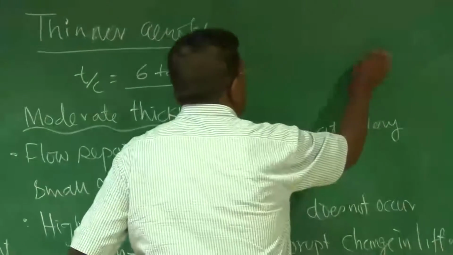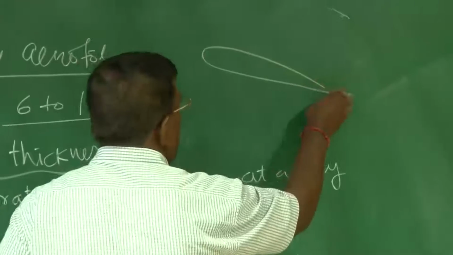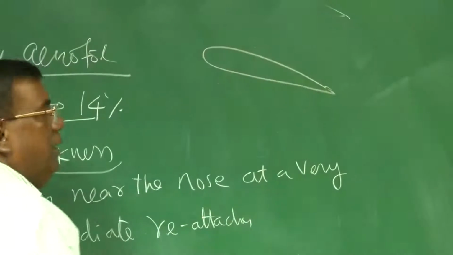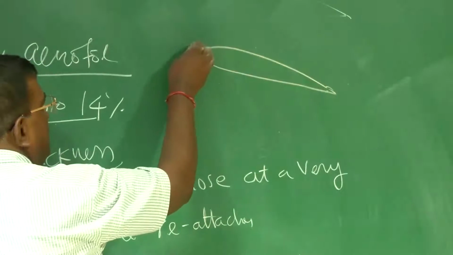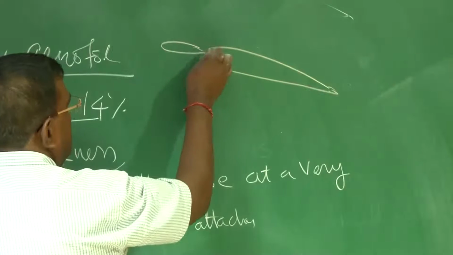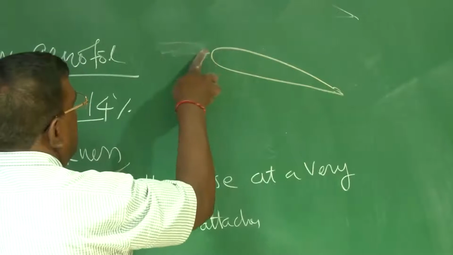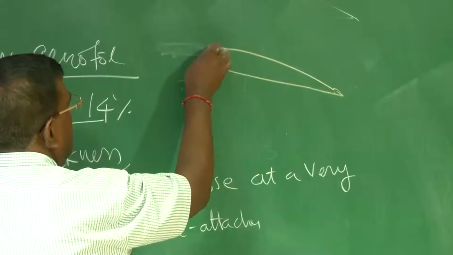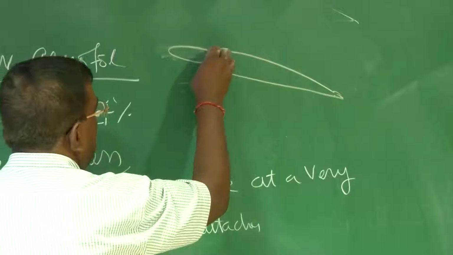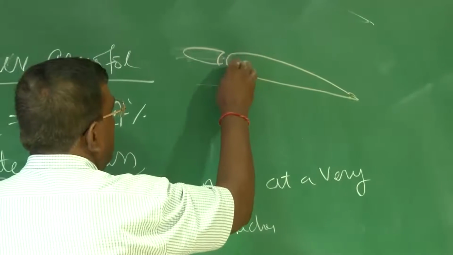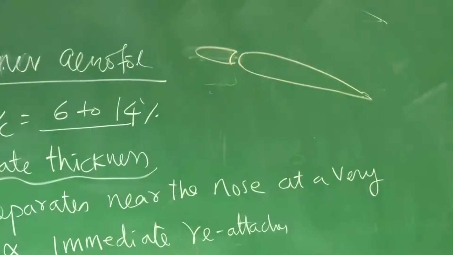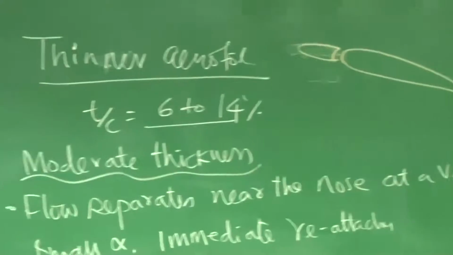One designer will say, okay, this is the maximum stall angle you are able to give with this aerofoil, so I'll put a split aerofoil here. The Heron has used that.